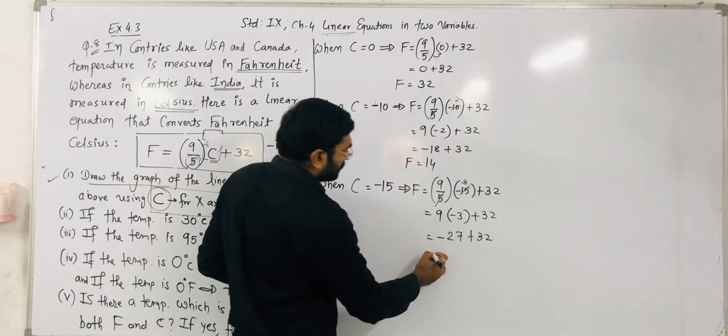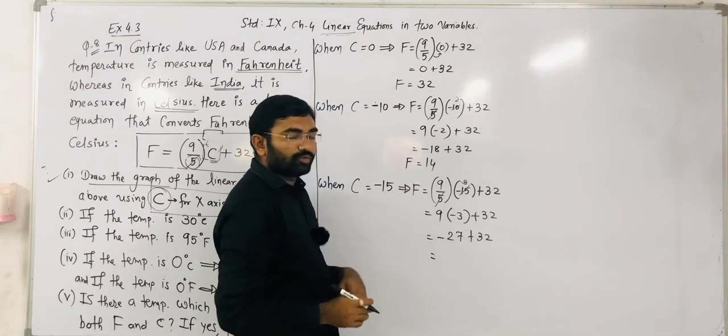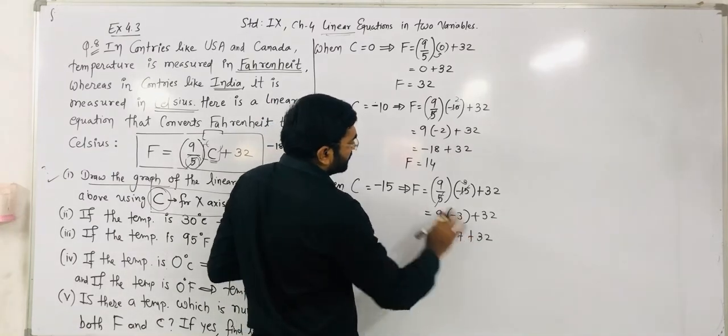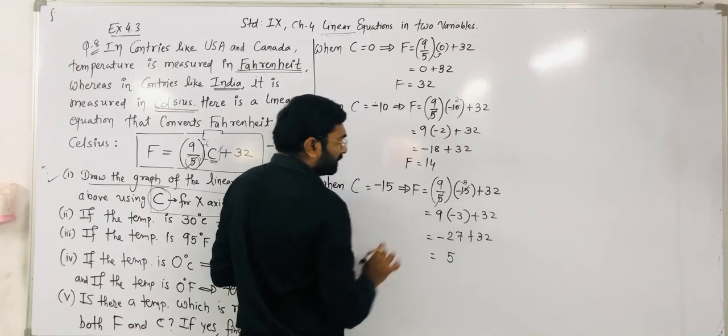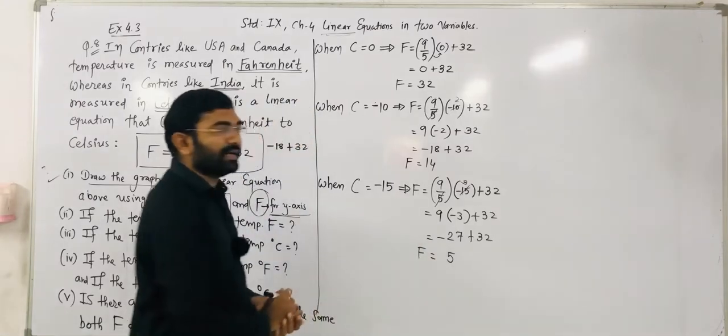Plus and minus, so we do the subtraction. 32 minus 27 is 5. But we put the sign of the bigger number. 32 is the bigger number, so its sign is plus. That's why our answer is plus. So we get the F value as 5.